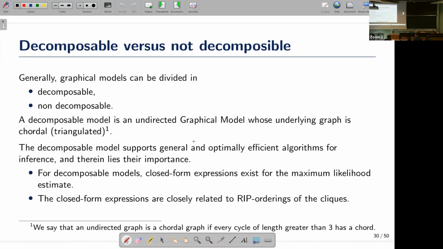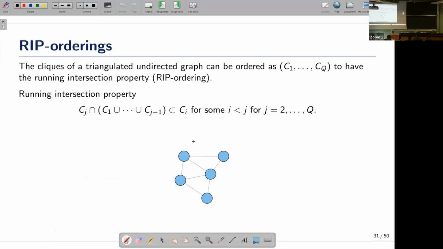And these undirected graphs can create loops, let's say. Okay, so let's say you have A, B, C, D. Something like that.